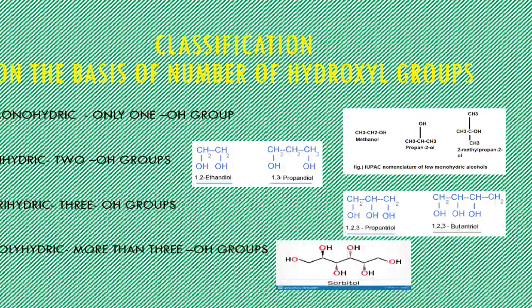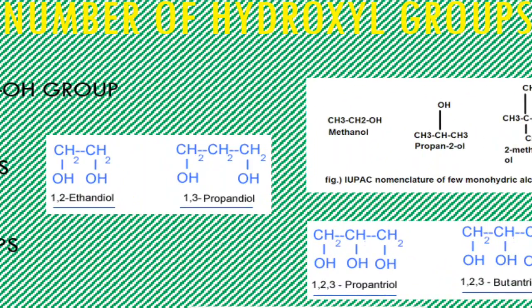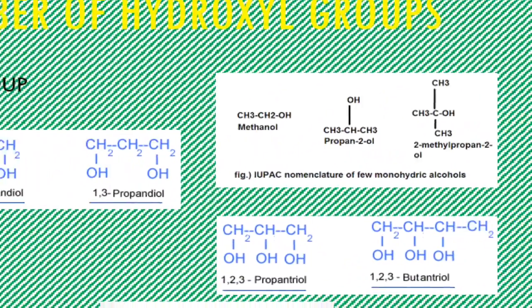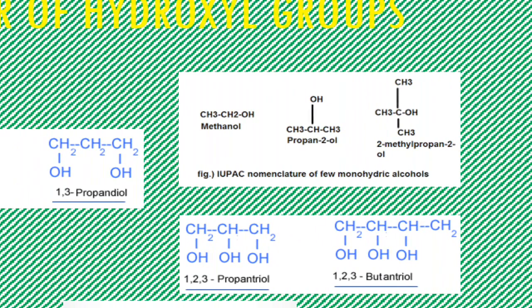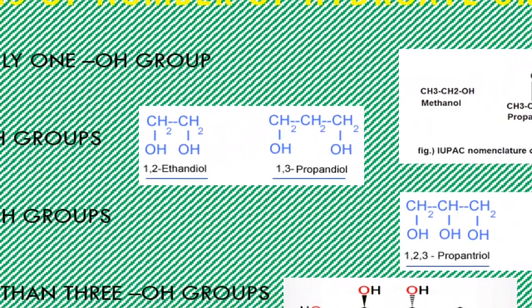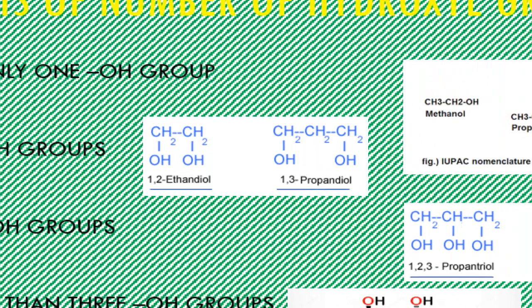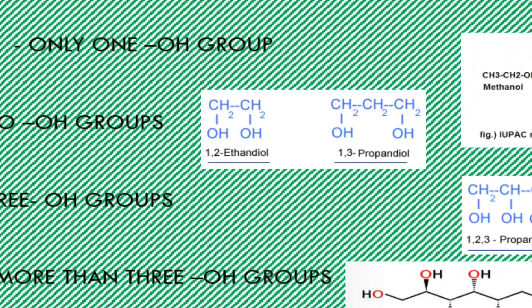The examples of the monohydric alcohols are ethanol, propan-2-ol, 2-methylpropanol. Many more examples are also possible. For dihydric alcohol, the examples can be 1,2-ethanediol, also known as glycol, 1,3-propanediol.